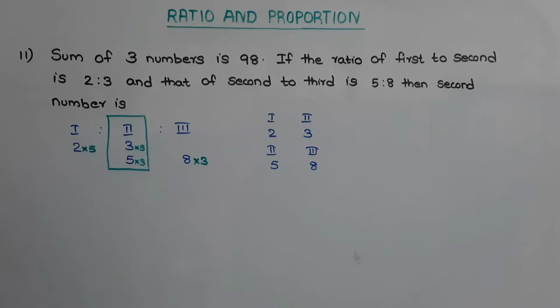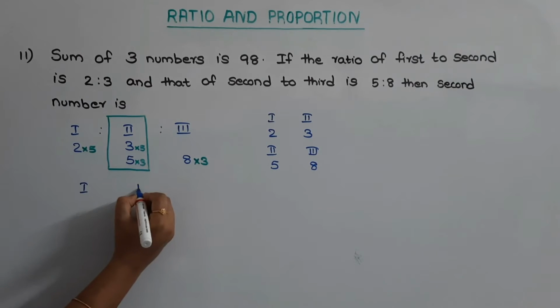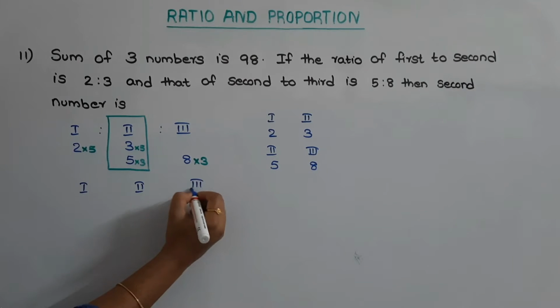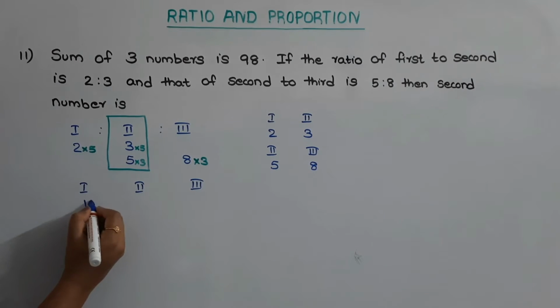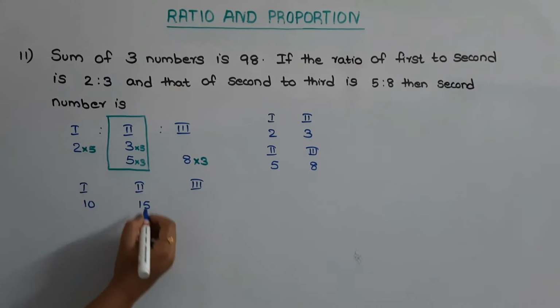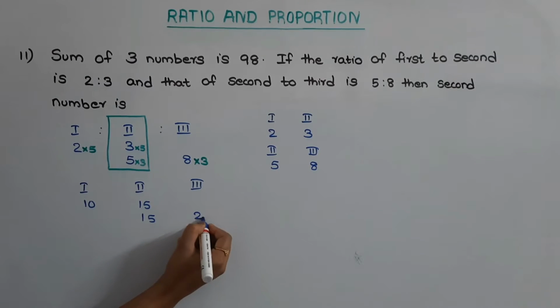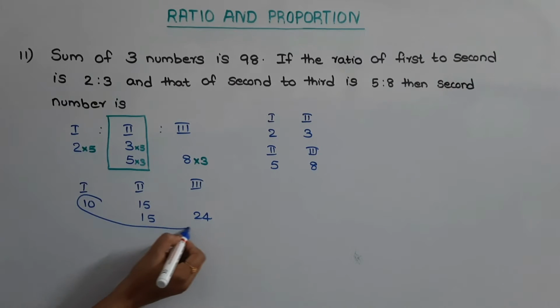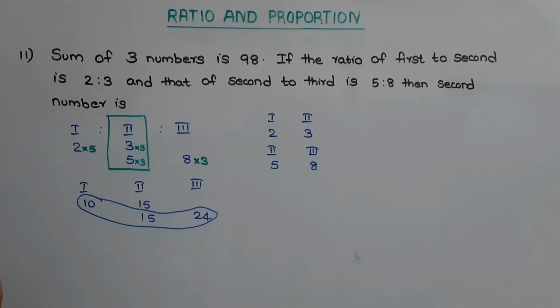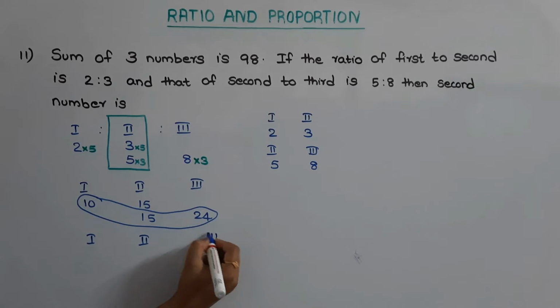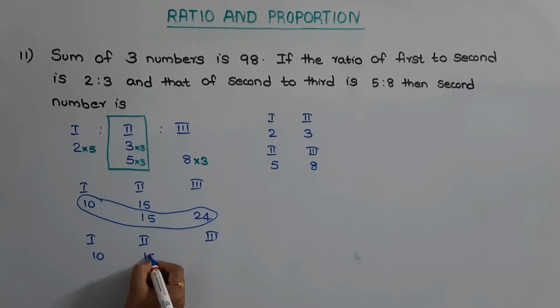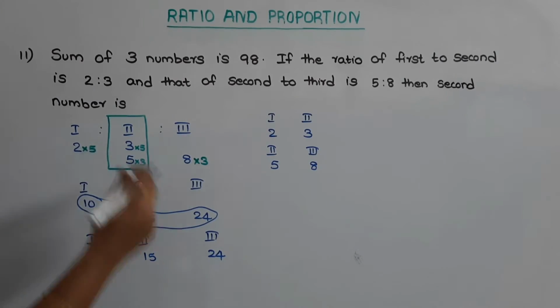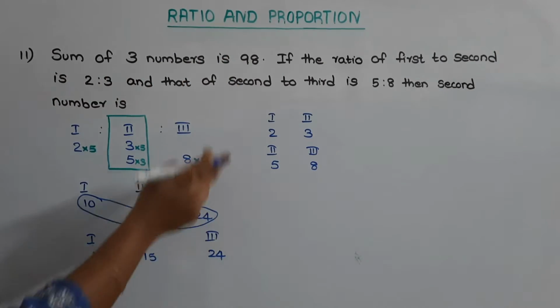So now on solving this, the ratio of first, second and third number will be 2 into 5 is 10, 3 into 5 is 15, this is 15 and this is 24. So the ratio of the first, second and third number will be 10:15:24.